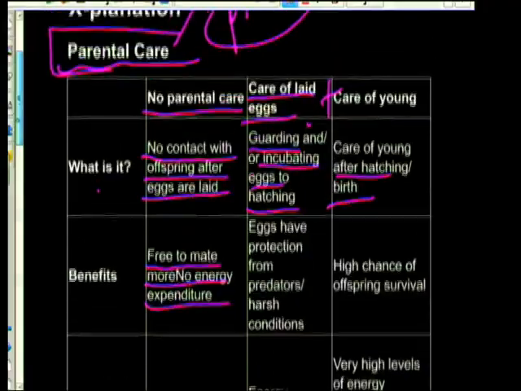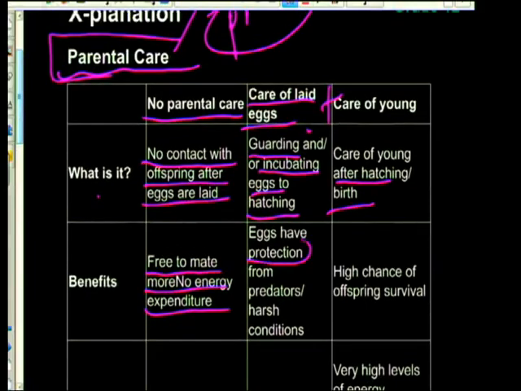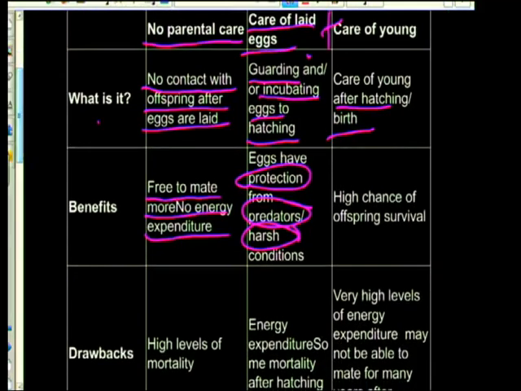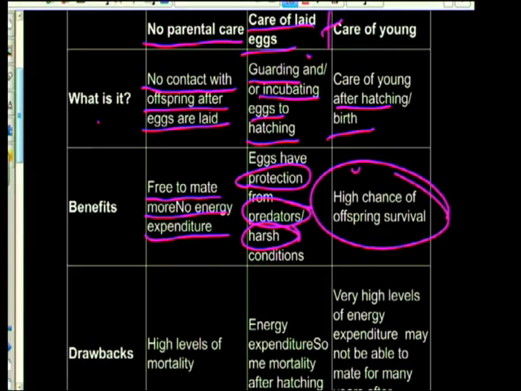When they look after the eggs, then the eggs have protection from predators and from the harsh environment. They're kept warm so the environment is not affecting them, and other organisms don't come and eat them up because they are being guarded by their parents. And once they are guarded and then still cared for after they have hatched, there's a high chance of offspring survival, because the offspring is learning from the parent.